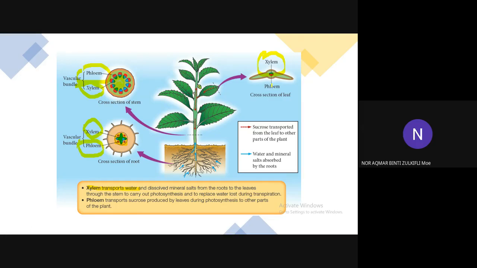But phloem transports sucrose. Sucrose means food. Okay, so xylem water, phloem food. So the phloem is surrounding the xylem. Okay.